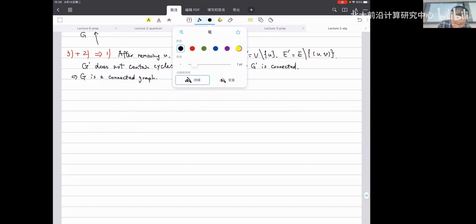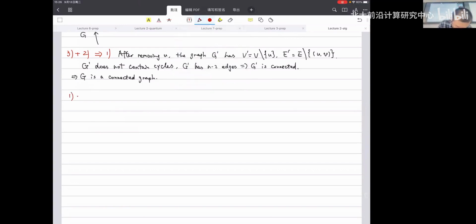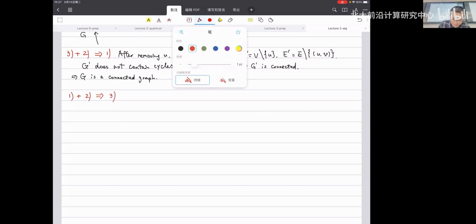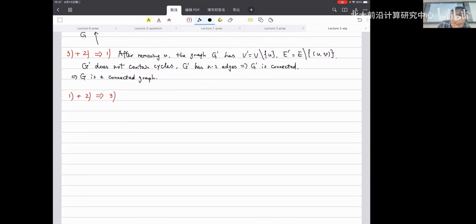The only remaining thing is that we want to be careful and show that 1 and 2 imply 3 here. Still, we want to first prove that there exists a U such that its degree is 1.